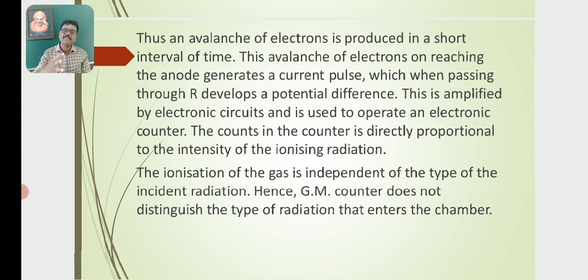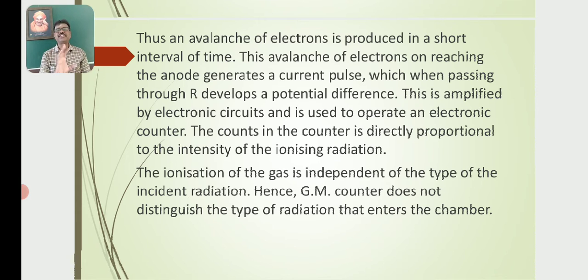So the GM counter counts whatever number of radiations are entering the tube, but it does not distinguish the type of radiation that enters the chamber. It may be alpha radiation, beta radiation, or gamma radiation.